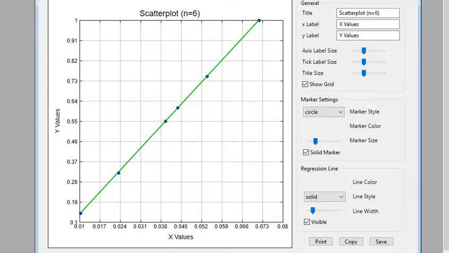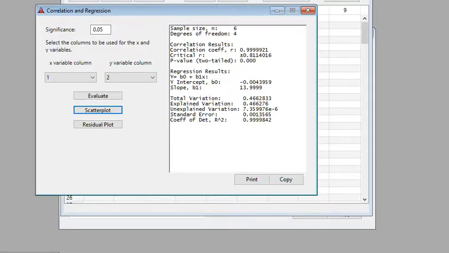Going back here, I'll put aside my scatter plot. And this is already the output for my correlation. So let's see, critical value of R. Wow. This is our sample test statistic.